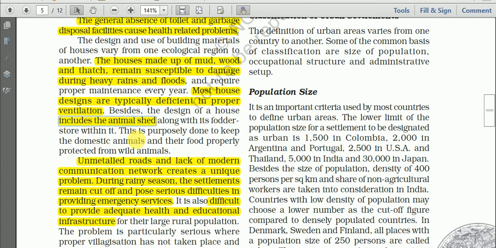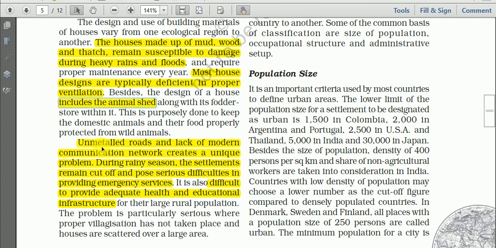And another important problem is here: unmetalled roads and lack of modern communication network creates a unique problem. During rainy season, the settlements remain cut off and pose serious difficulties in providing emergency services.